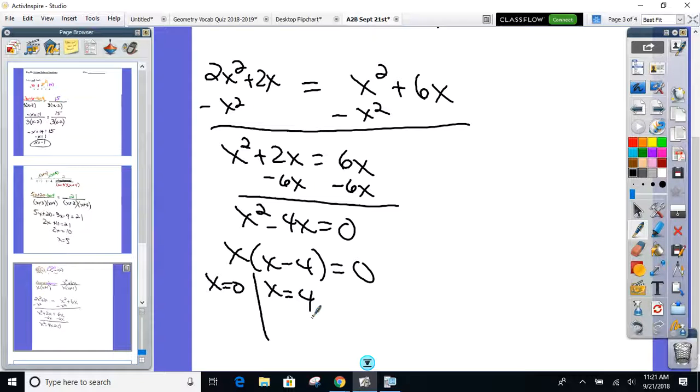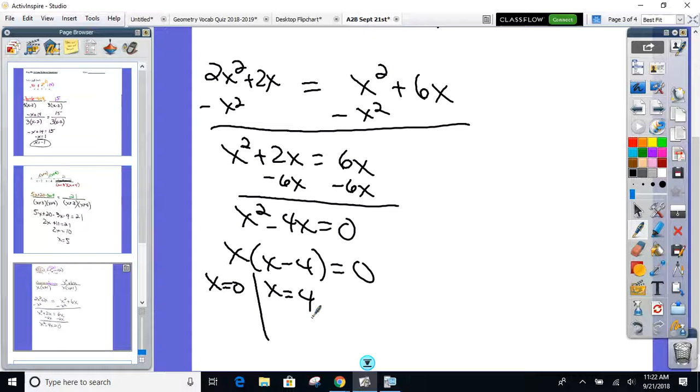Don't go anywhere. I don't even need to go to my calculator. Tell me why one of the answers is no good for me. Look at the original problem I had given you guys and look where I have x's.